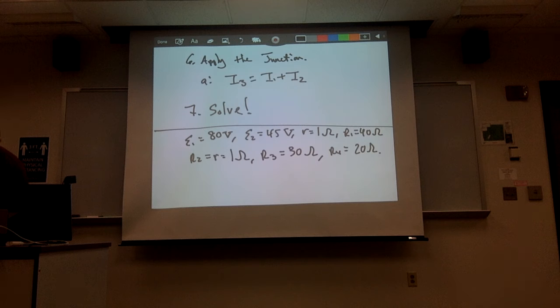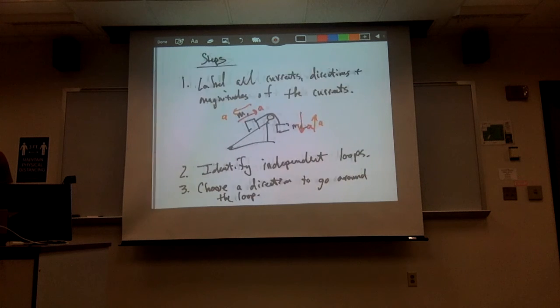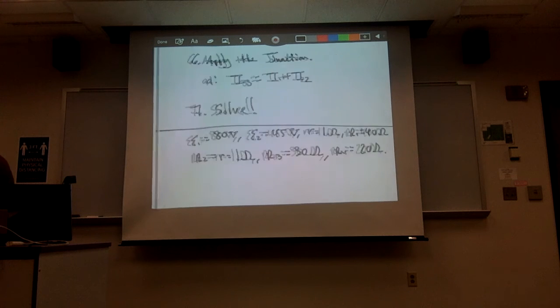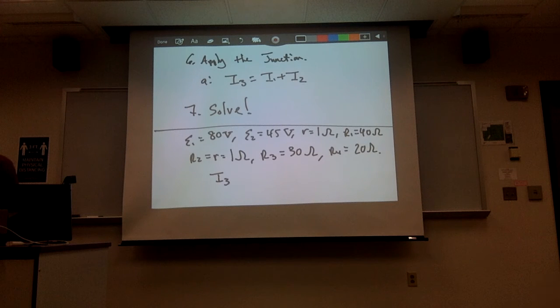Which way I chose these things. Okay, so what I said was, go back to my pictures. I3 we had going that way. So in this case, I would find that I3 was equal to a positive 0.86 amps. So we chose the right direction.